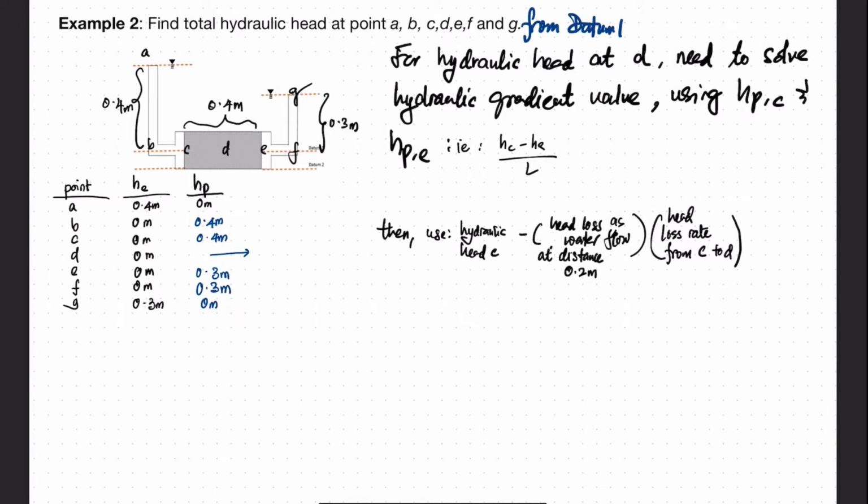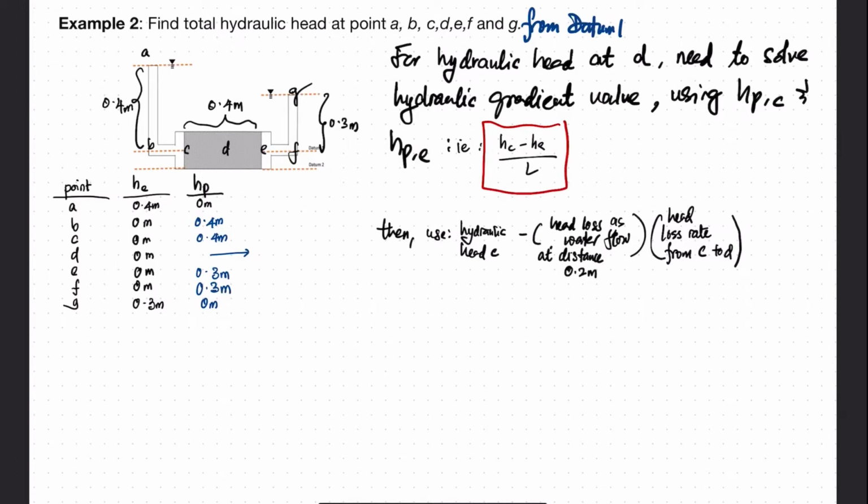So here, what is the value HC, what is the value HE, and then you divide by length. For this case, we use this formula: HC minus HE divided by L.